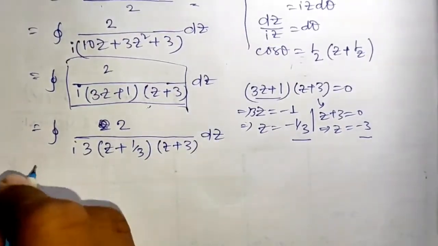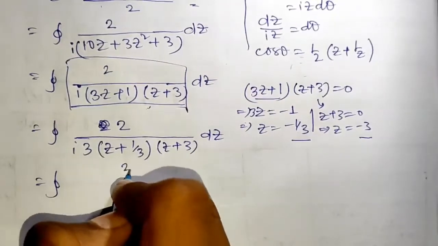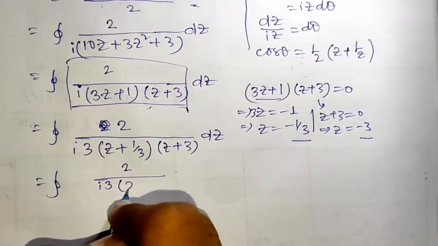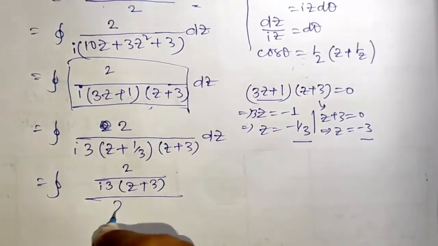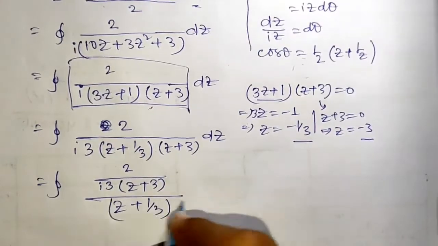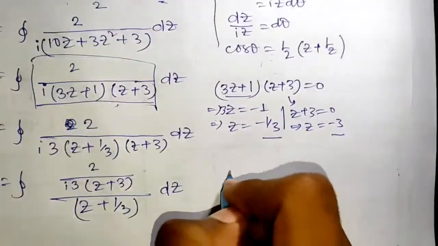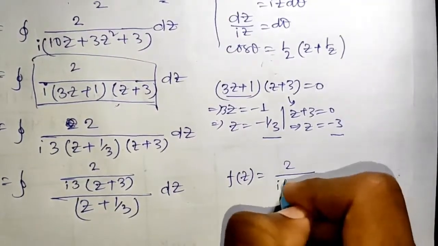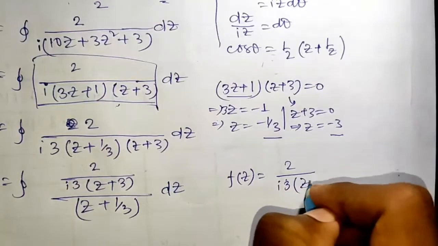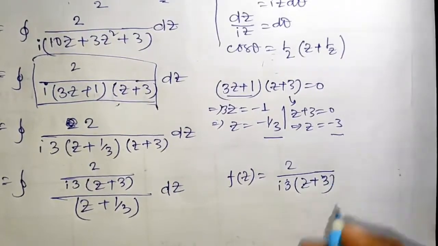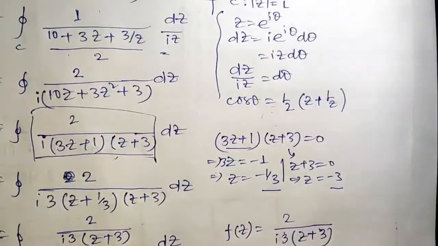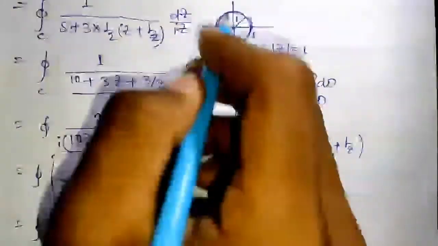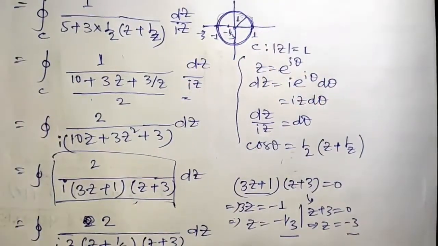Now if we write i·3 (z plus 3) by (z plus 1 by 3) dz, and if we assume f(z) is 2 by i·3 (z plus 3), then we see that this function is analytic everywhere inside this circle C and on this circle C. There is no singularity here, because this function has its singularity at -3.